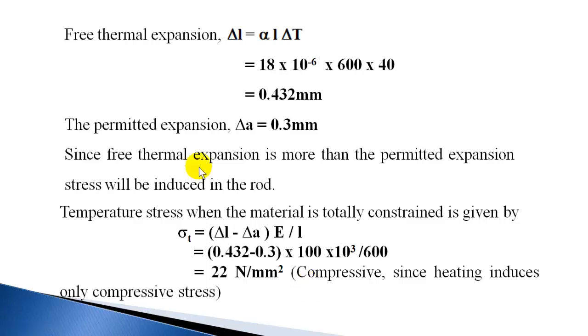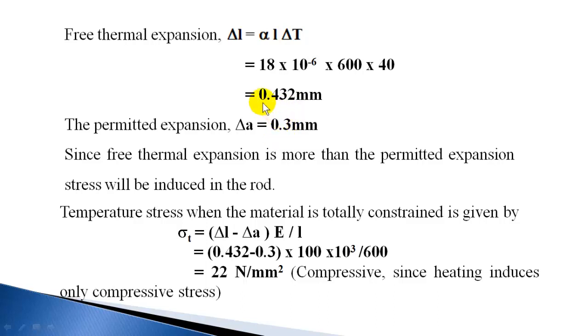Now let us consider the second case where free expansion, alpha L delta T, is 0.432 mm. The permitted expansion is 0.3 mm. So you are allowing an expansion of 0.3 mm. Now the free expansion is more than the permitted expansion. In that case stress will be induced. In case del A is more than 0.432, no stress will be induced.